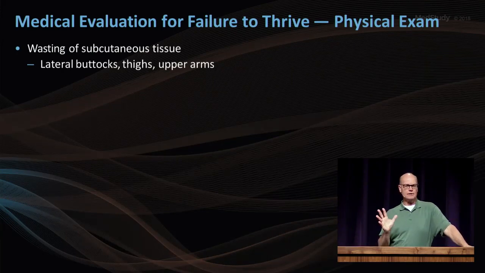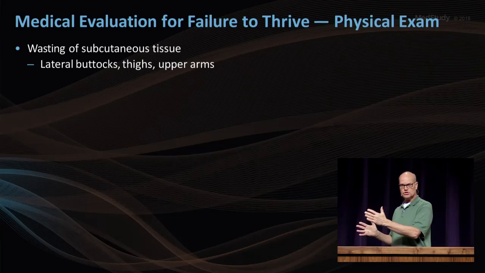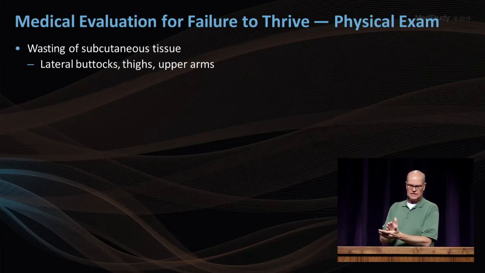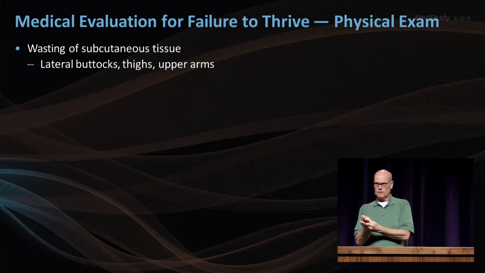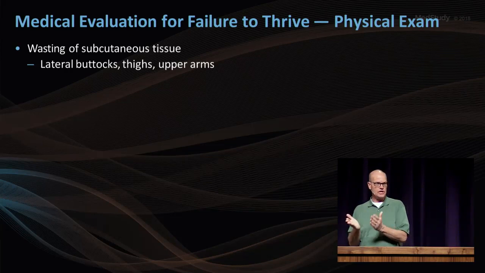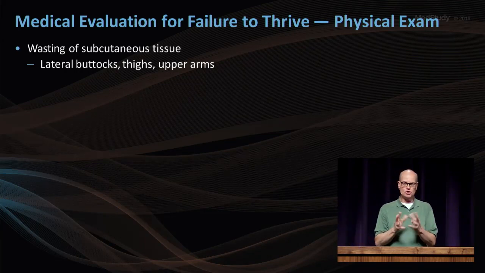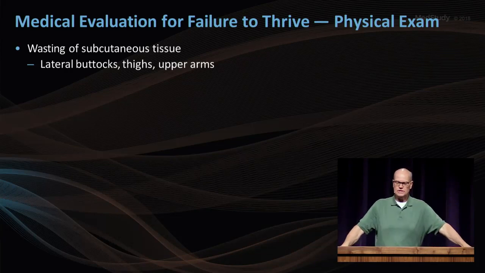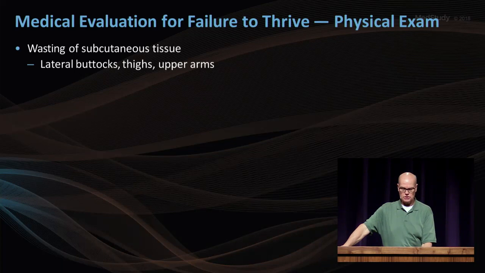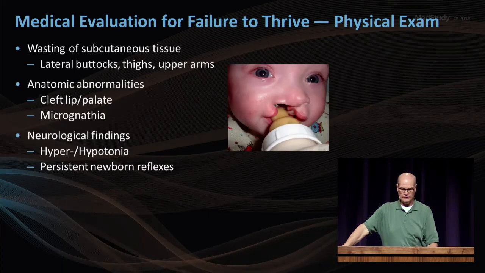Also, I've seen questions where they have a sort of a lateral picture of the child, and you can see significant wasting of the subcutaneous tissues on the sides of his or her buttocks, and really a concavity in that area, because that's one of the earliest areas where children lose subcutaneous tissue and muscle mass, the lateral buttocks. So is there wasting in other areas?